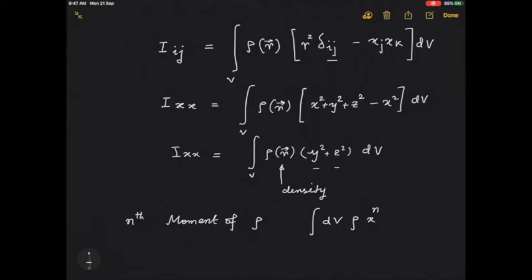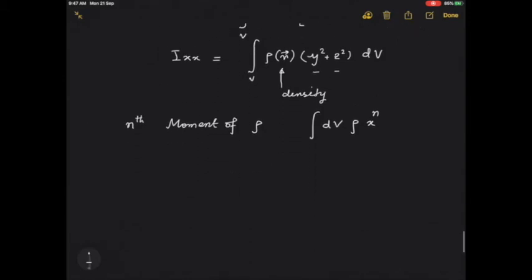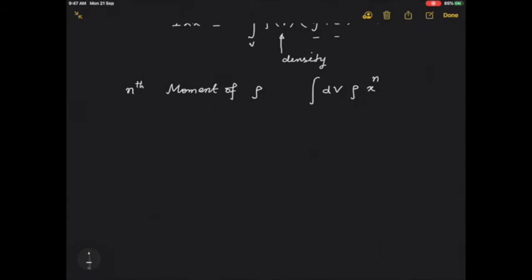Here I am taking the second moment because I have y², z² type of thing, in a very particular way. So this is the second moment of inertia of ρ. Why moment of inertia? Because ρ is mass density, and mass is sometimes also called inertia. So I is the moment of inertia tensor.